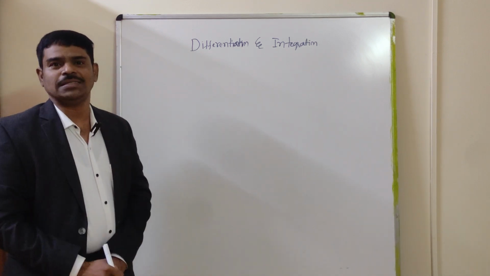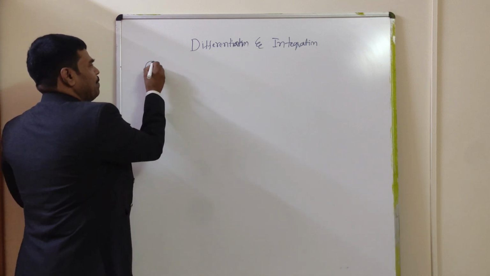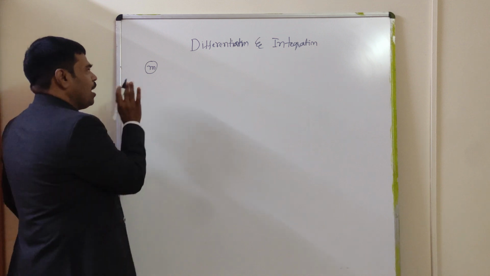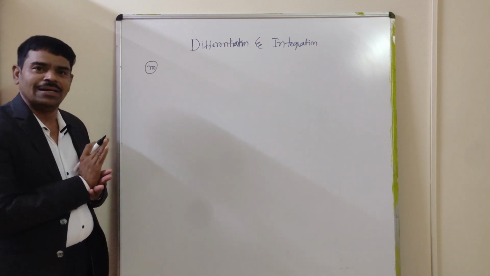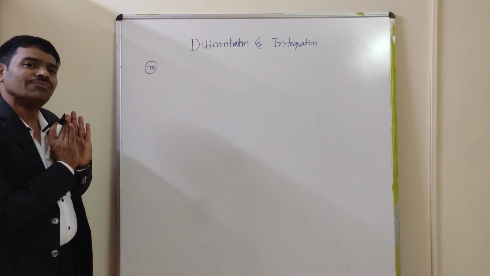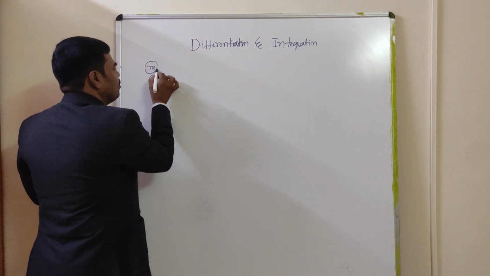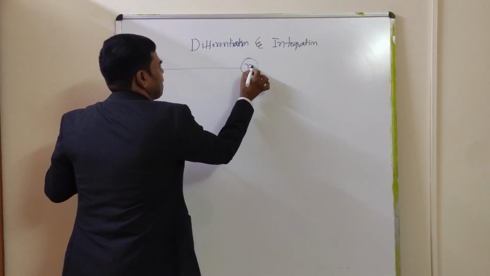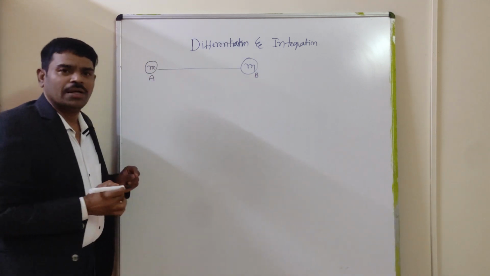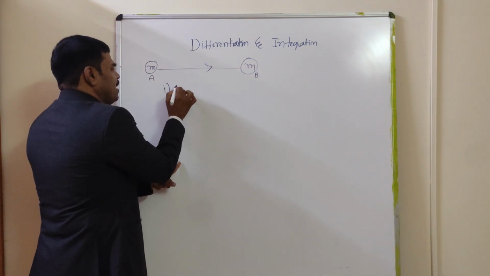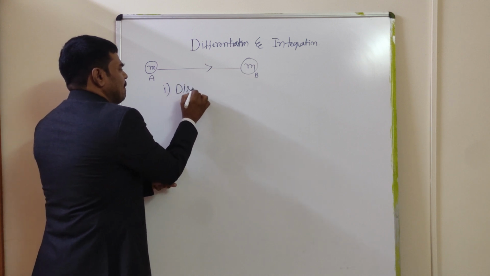So for that purpose, first of all, I am taking a particle of mass m, and after applying some velocity to that particle, that means if you apply some force on the particle, the body will move from position A to position B. Hence, we are saying one direction here, and we can find the displacement.